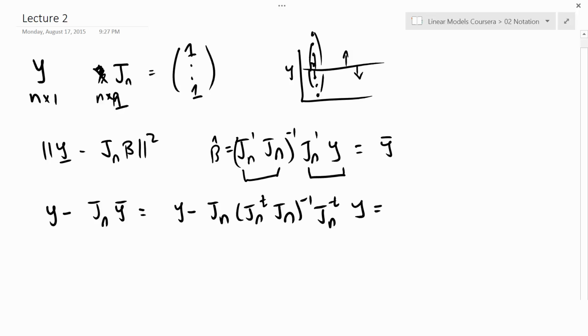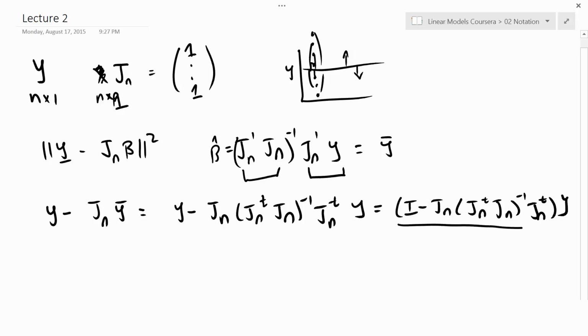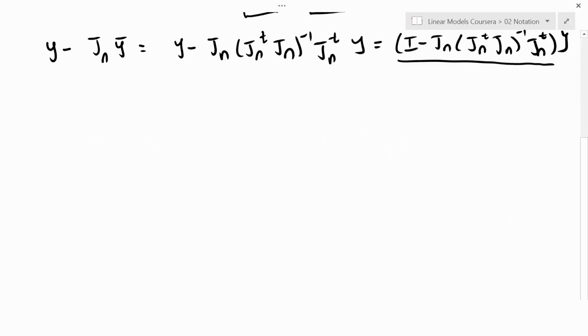And then I can write that out as I minus J_n (J_n transpose J_n) inverse J_n transpose, times y. So pre-multiplication by this matrix takes every element of y and subtracts off the mean, or in other words, mean centers the vector y.